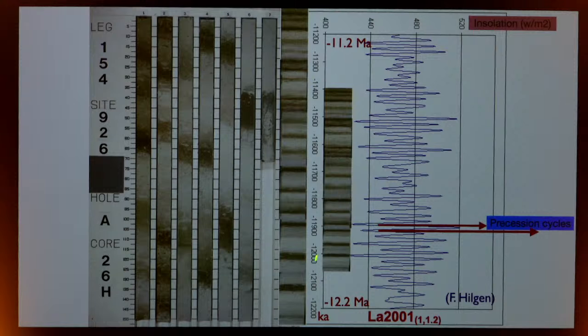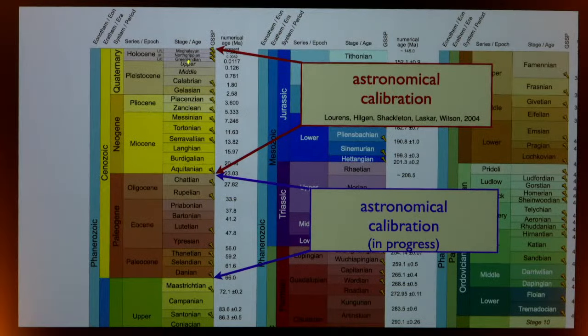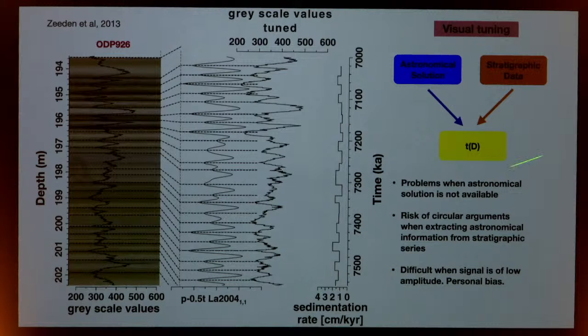So here you have depth, here you have time, and like that you make a correspondence between depth and time, because this is computed from celestial mechanics. And this is how the geological scale is made in the most recent time, by adjusting the sediment to the orbital motion. And we are quite confident this is how it goes.